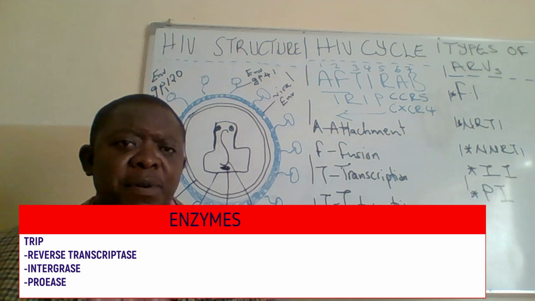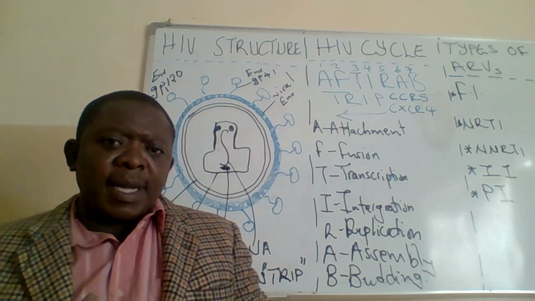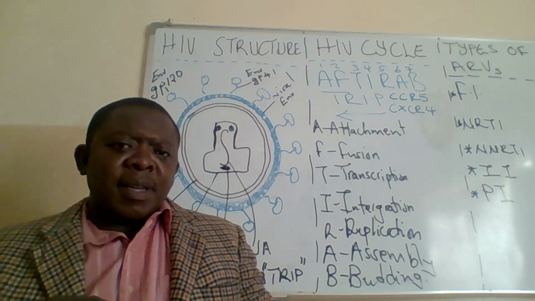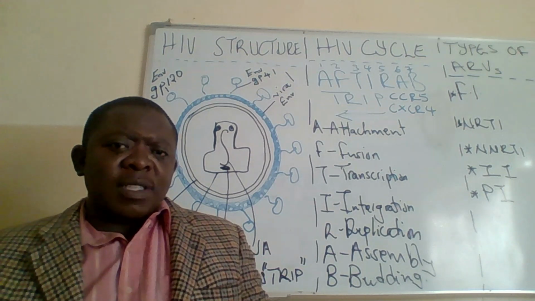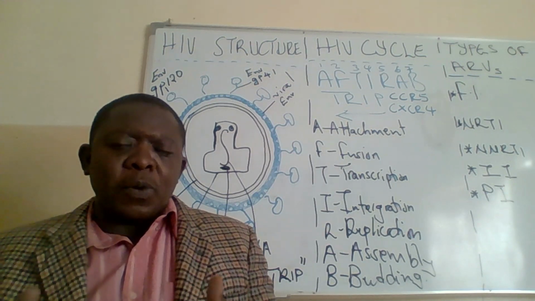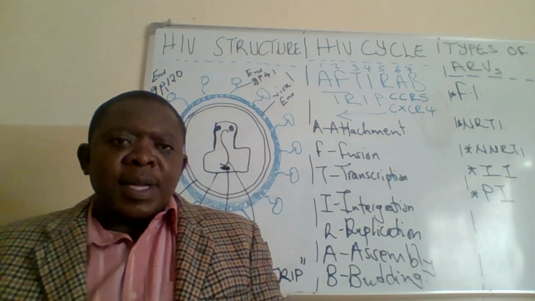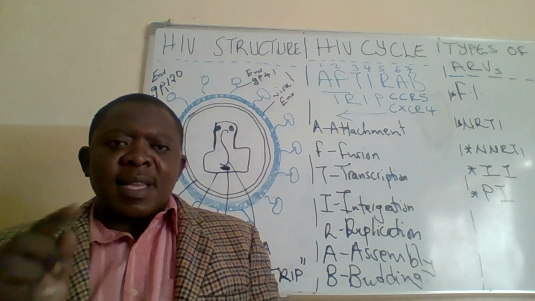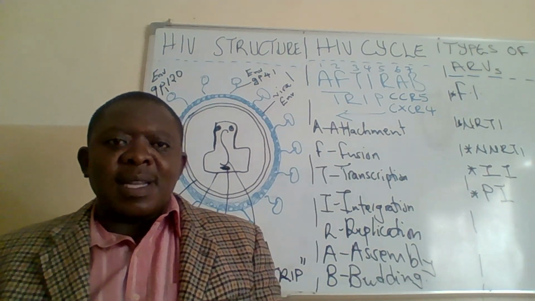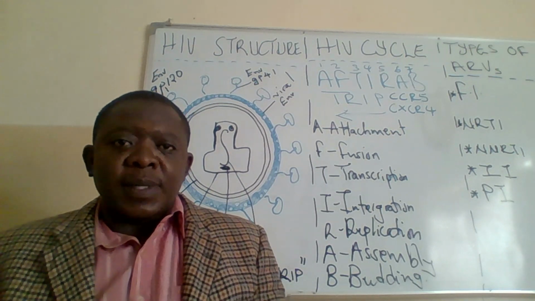T is for reverse transcriptase, a backwards way of remembering it. Then we have Integrase and P for protease enzyme. These enzymes play a very cardinal role in the multiplication of HIV. And the S looking like the strand there is the viral RNA.